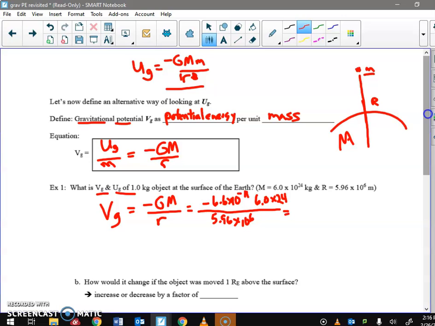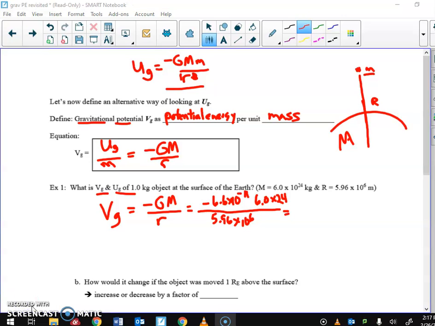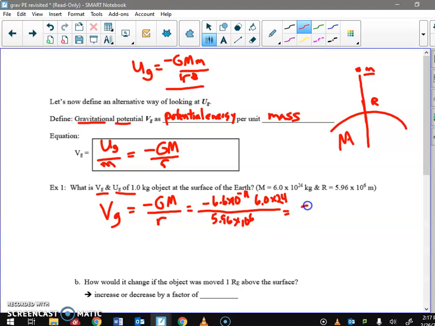Let me punch it into the calculator. So what I'll have is negative 6.7 times 10 to the 7th joules per kilogram.